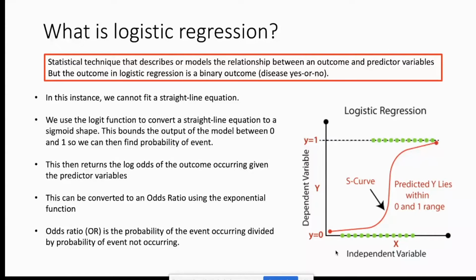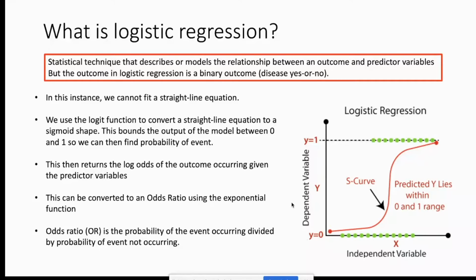So it shows us how likely is the dependent variable given these independent variables, and it gives us the odds ratio, which is essentially talking about the likelihood of the event happening. Okay, so it's a little bit more complicated than linear regression, but for binary traits, it's how we model the association between a binary outcome and the predictive variables.